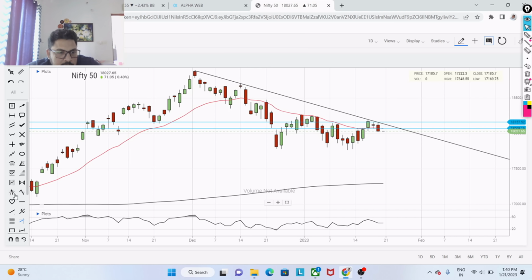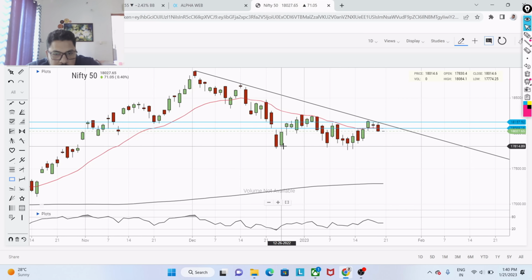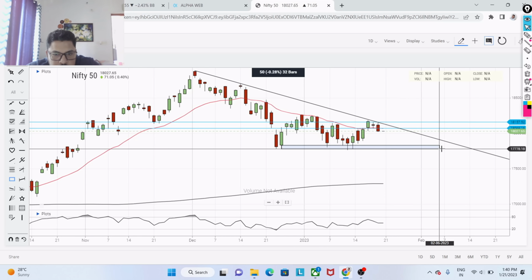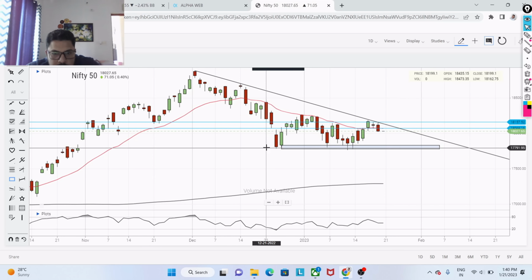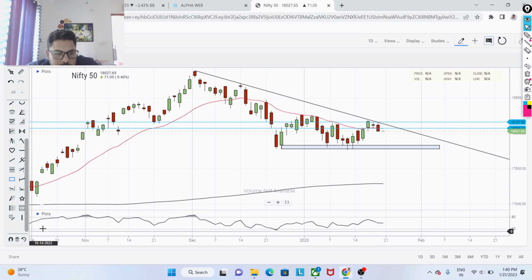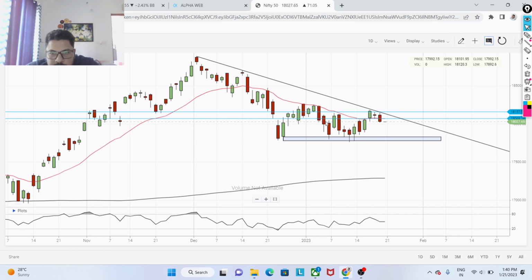Also notice that this is the level where it has spent the maximum amount of time. This was the level from where the reversal happened. This was bullish on a daily time frame, and the price came into this zone once, twice, thrice, 4 times, then from there it moved up.